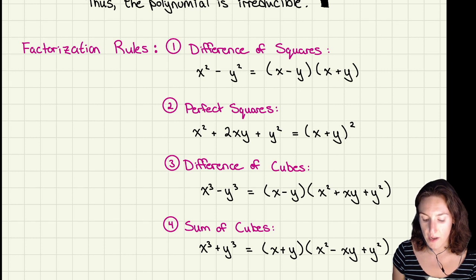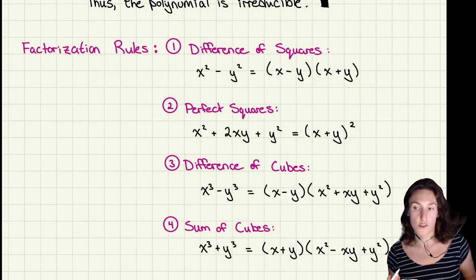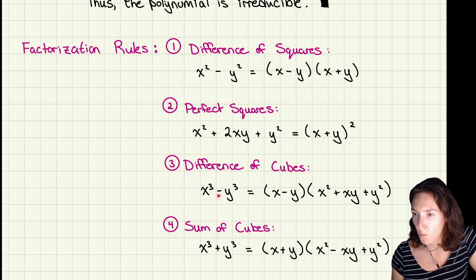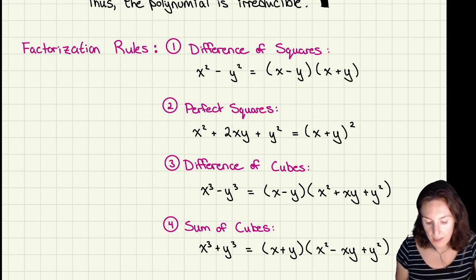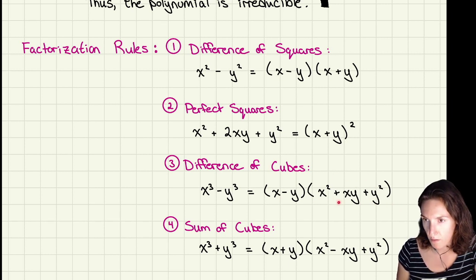Perfect square is when you have x plus y squared, and when you expand it, it'll look something like this. If you have cubic functions without cross terms, so I don't have things like x squared y or y squared x, but I only have an x cubed and y cubed, if you have a minus, you can immediately factor it this way. And this part here is irreducible. I can't simplify it anymore.